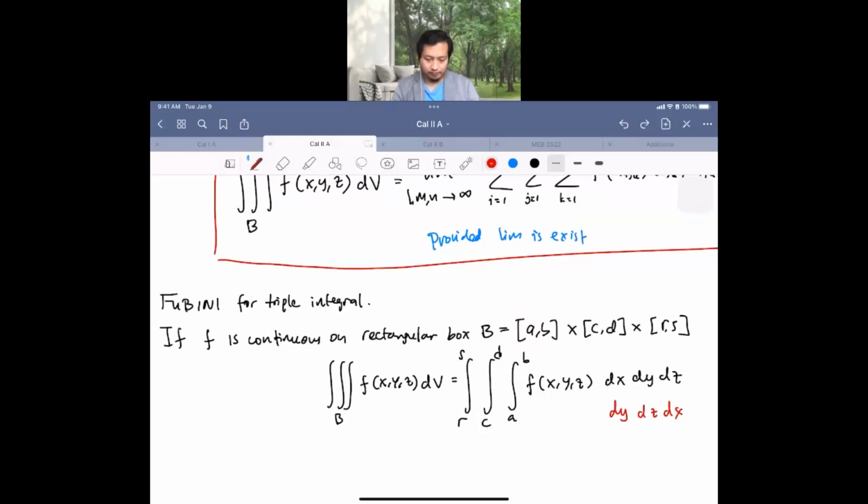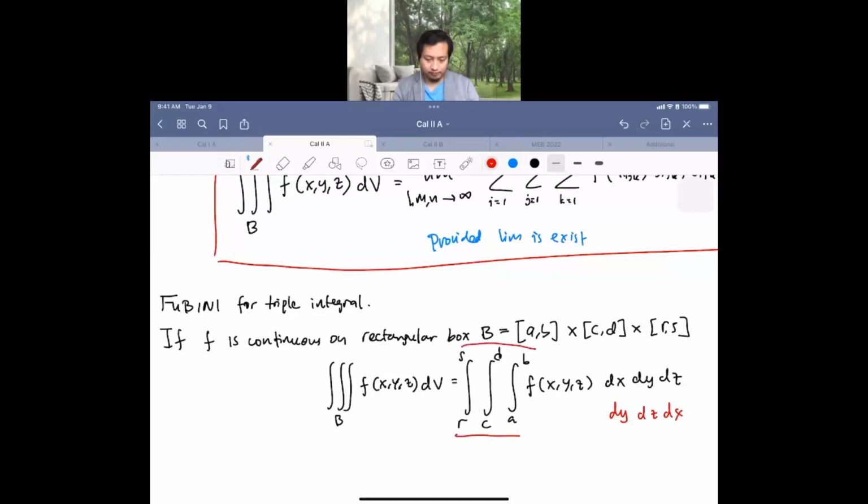Okay? And just remember that whenever we have integrations, if you feel that it's not going to integrate very well, then you can change the order and find which one is easier. Okay? And for the Fubini, for the constants here, I think you can easily switch.